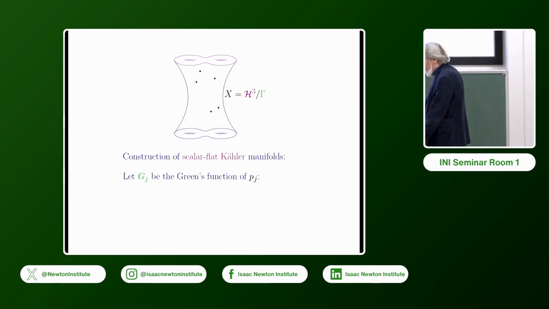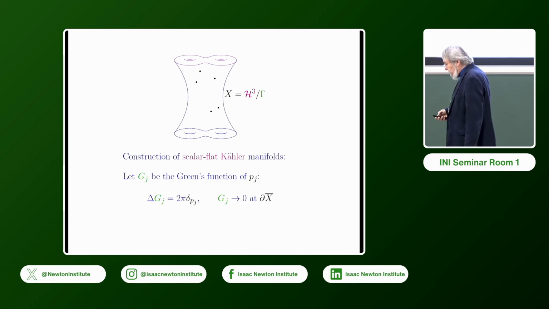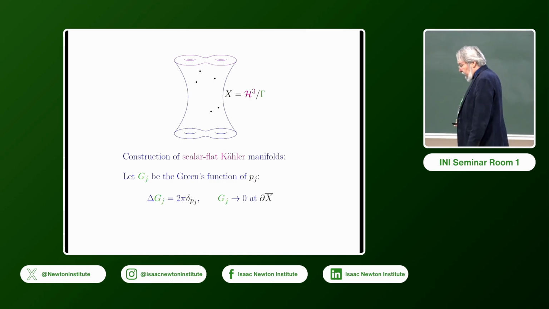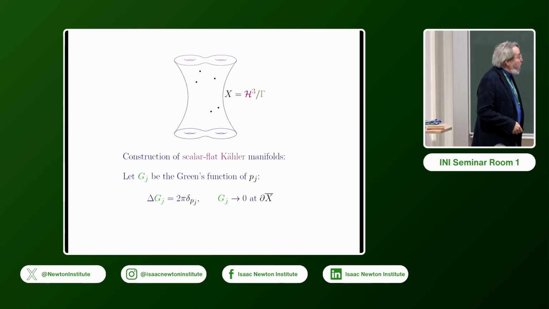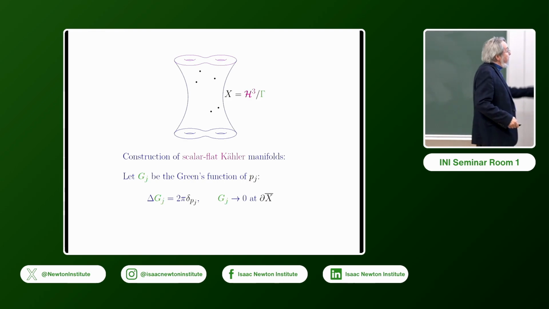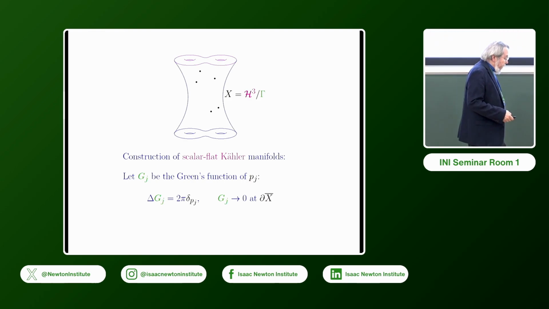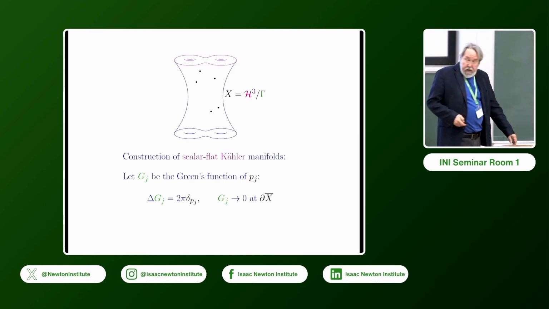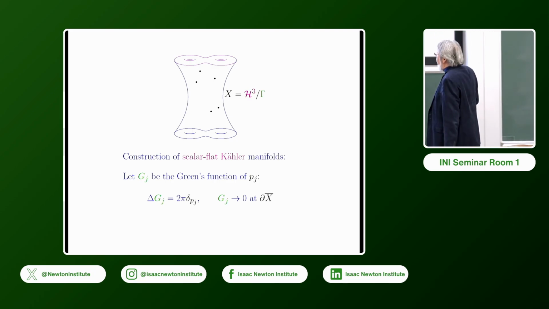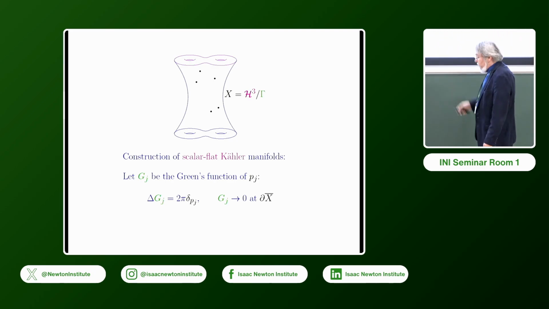All right, so now the game is you take the Green's functions of these points. Abstractly, this is saying that the positive Laplacian applied to the Green's function is 2 pi times the delta function, where the Green's function goes to 0 at infinity.